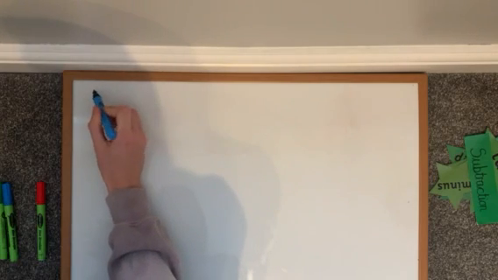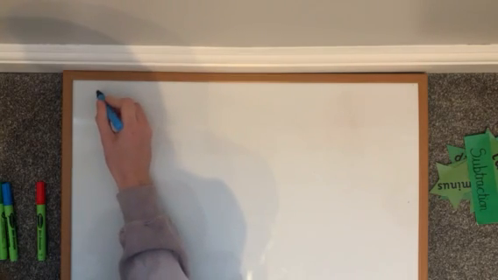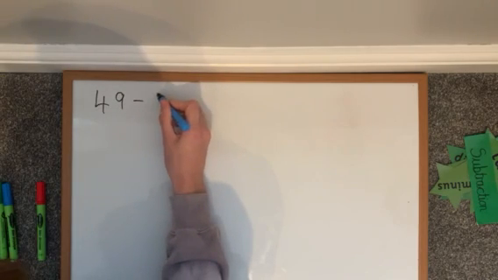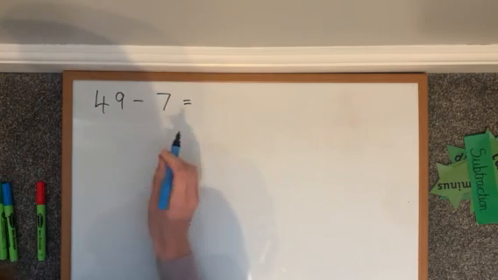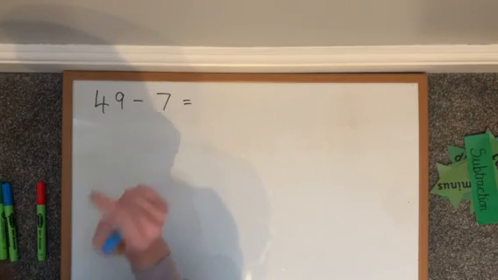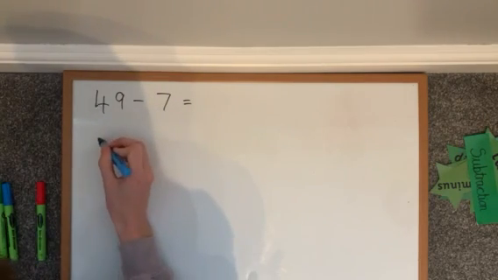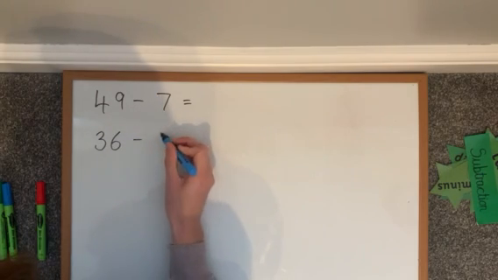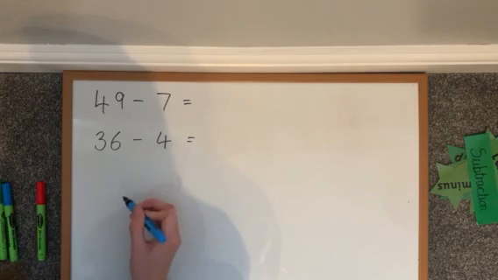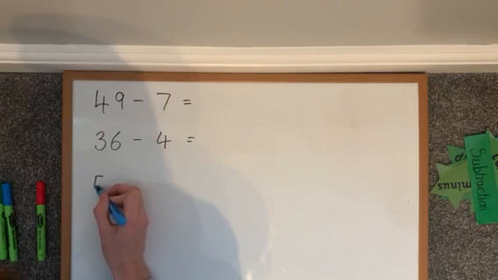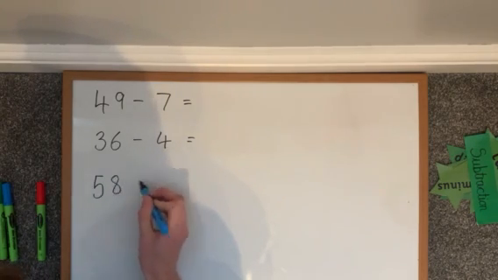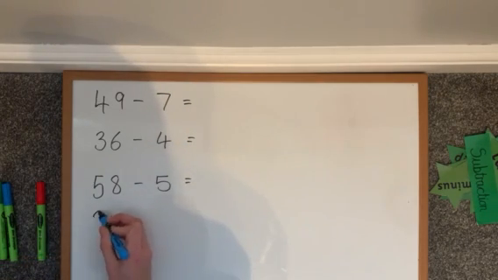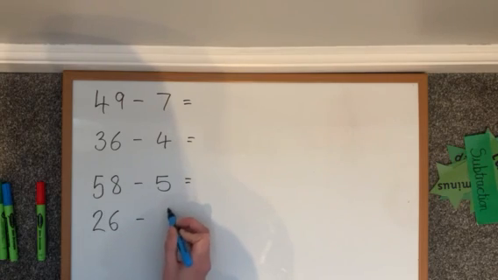Okay, so your number sentences are 49 take away 7. We're just going to stick to taking away ones today. Let's have 36 take away 4. 58 take away 5. 26 take away 6.